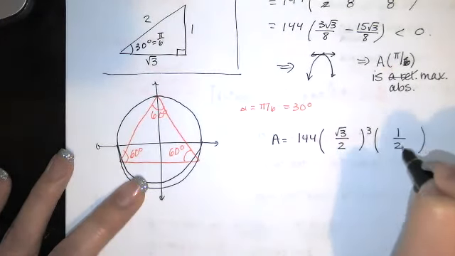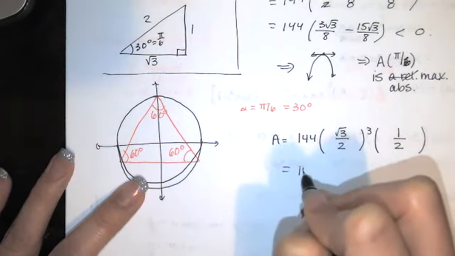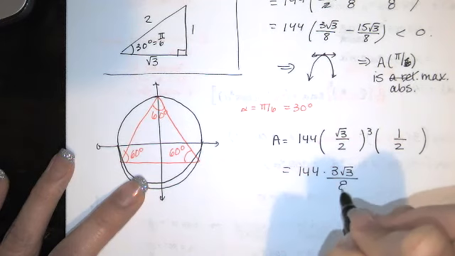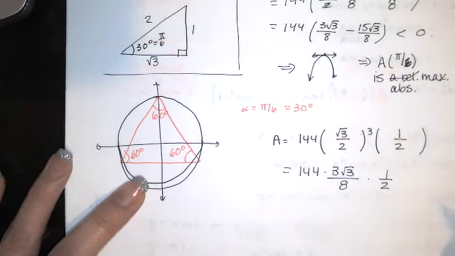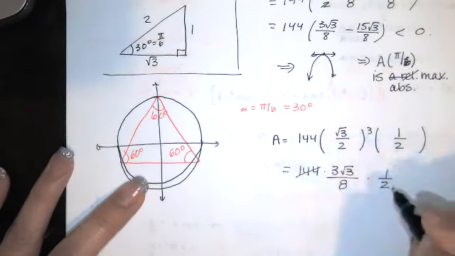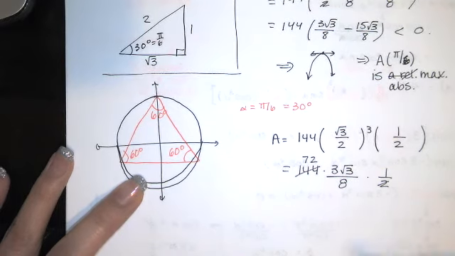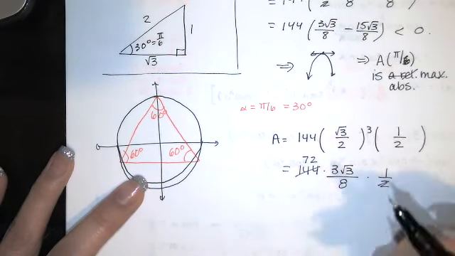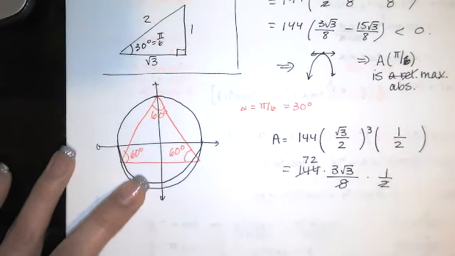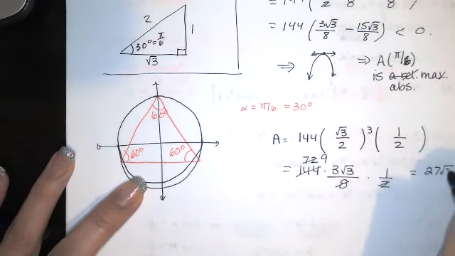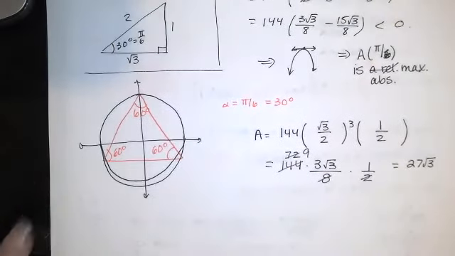And sine of alpha is 1/2. So I end up with 144 times 3 root 3 over 8 times 1/2. So 2 goes into 144 72 times. And then 8 goes into 72 9 times. So we end up with 27 root 3 square units, which is exactly what we got using the other method.